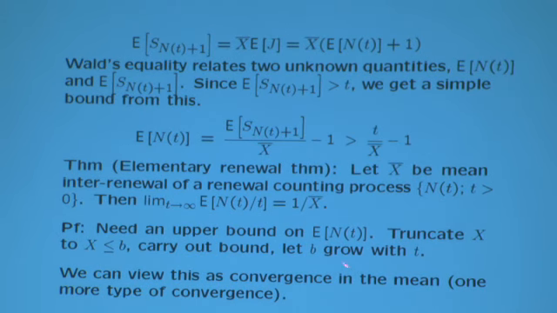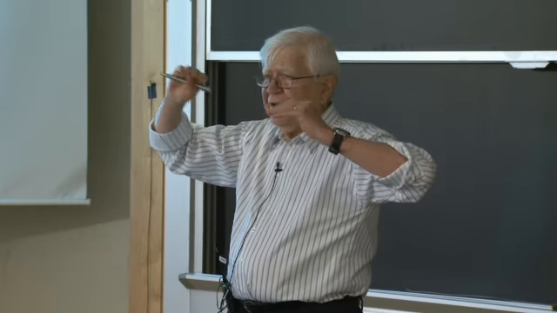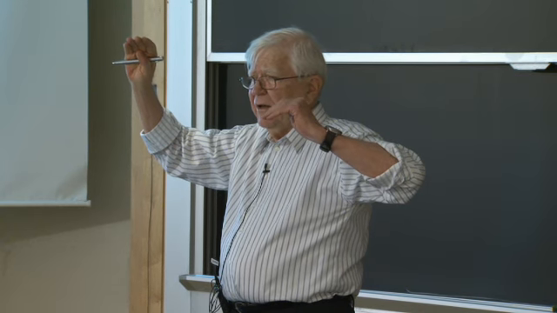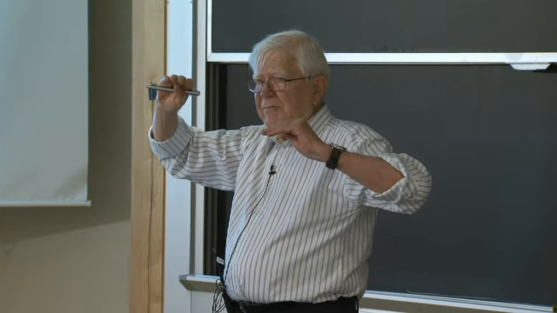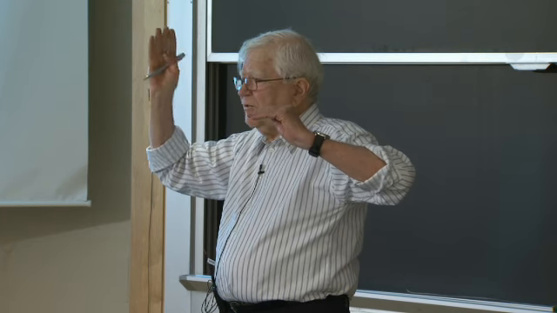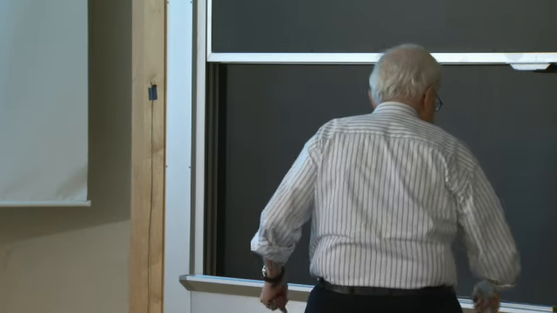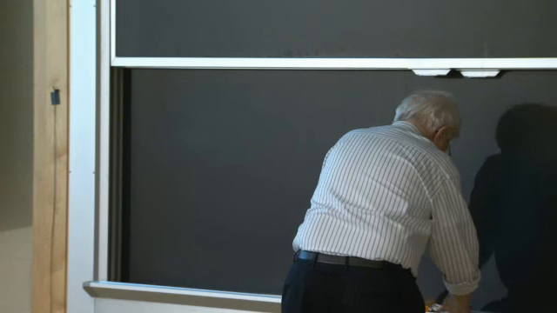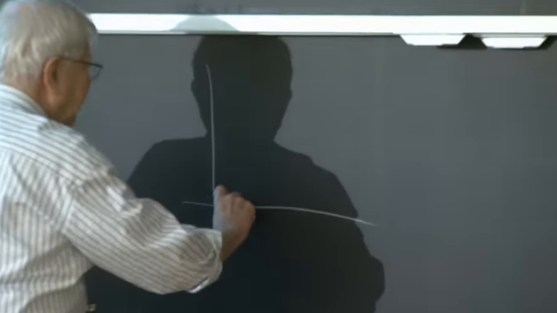So the way you prove this is first you truncate the random variable X. Namely, instead of having a random variable with this arbitrary non-negative probability distribution, you look at another random variable which has the same distribution up until some large value b, and then you truncate it at that point. So the distribution function looks like this: here's F of x, however it might look.